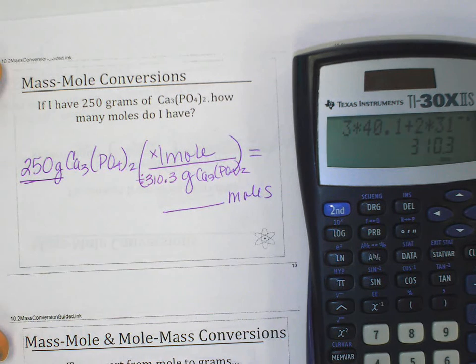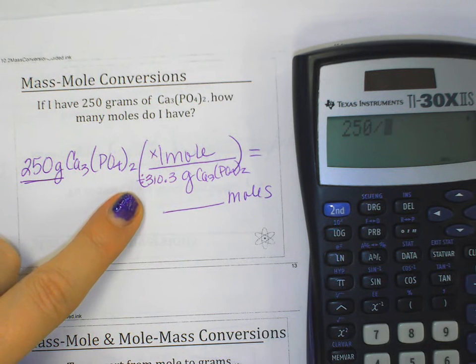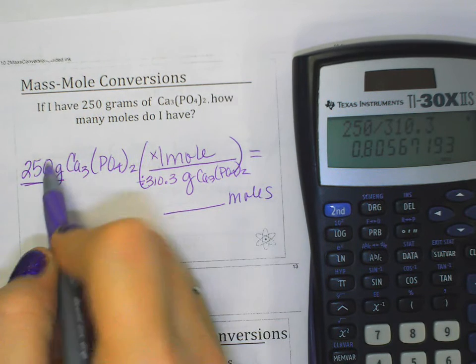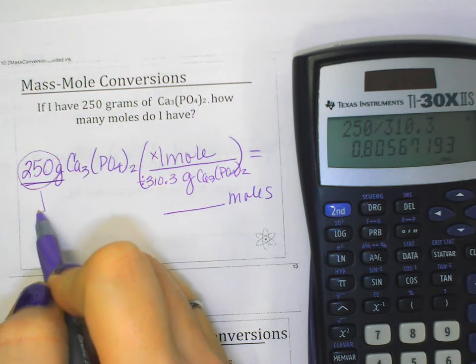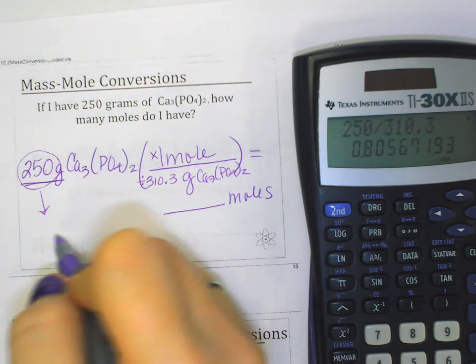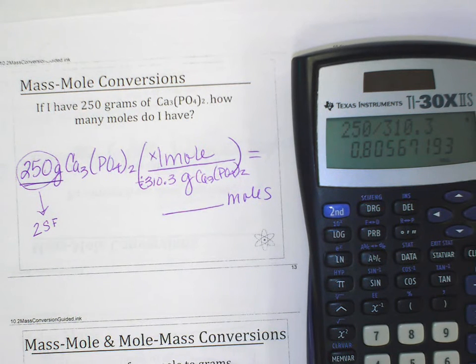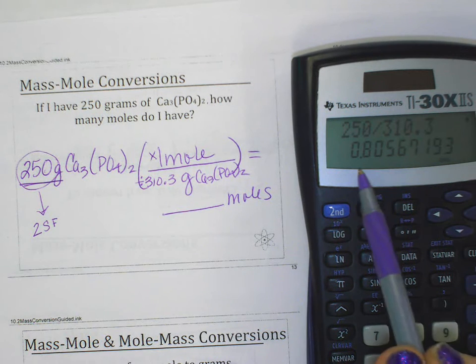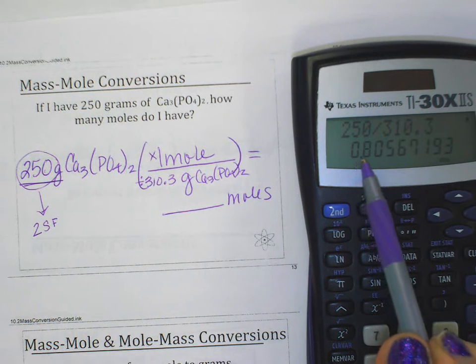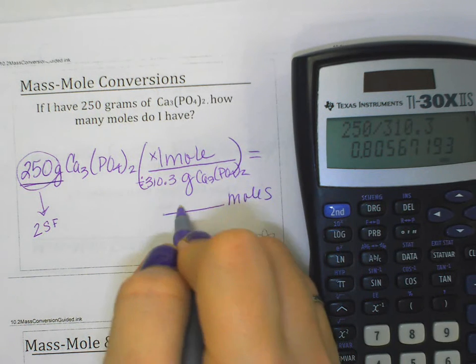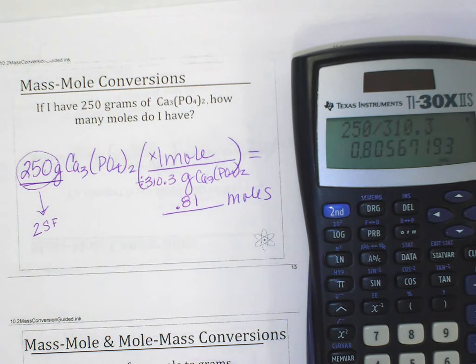So I'm going to do 250 divided by 310.3. And then I'm going to go back and check my sig figs. 250 has just 2 sig figs. So my answer over here should be 0.8, and I'm going to round that up to 1 moles.